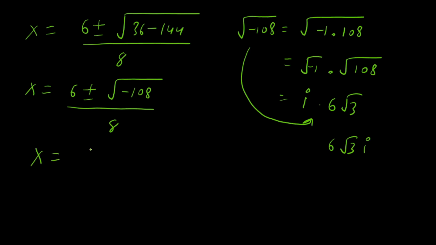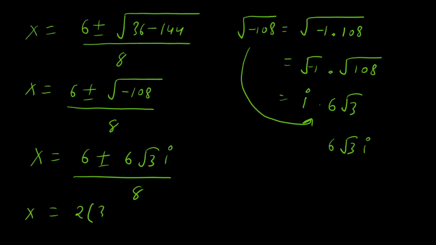Now x is equal to 6 plus minus 6 times square root of 3 times iota divided by 8. In the numerator, if we take common 2, then here 3 plus minus 3 times square root of 3 iota, divided by, and here, 4.